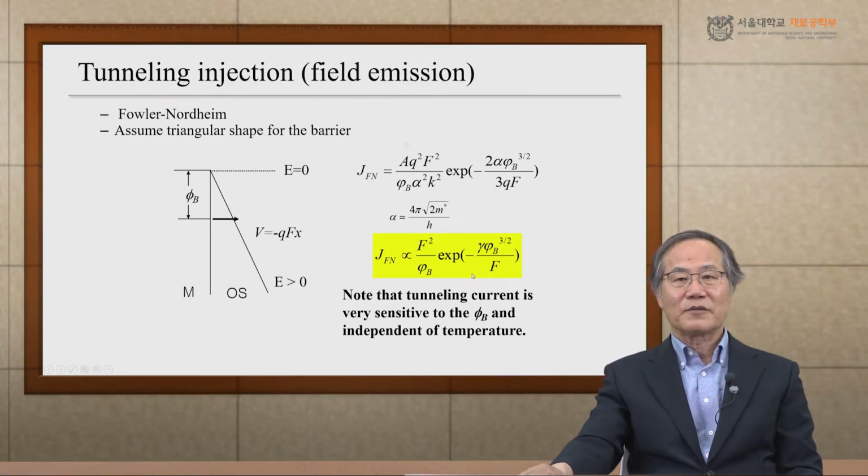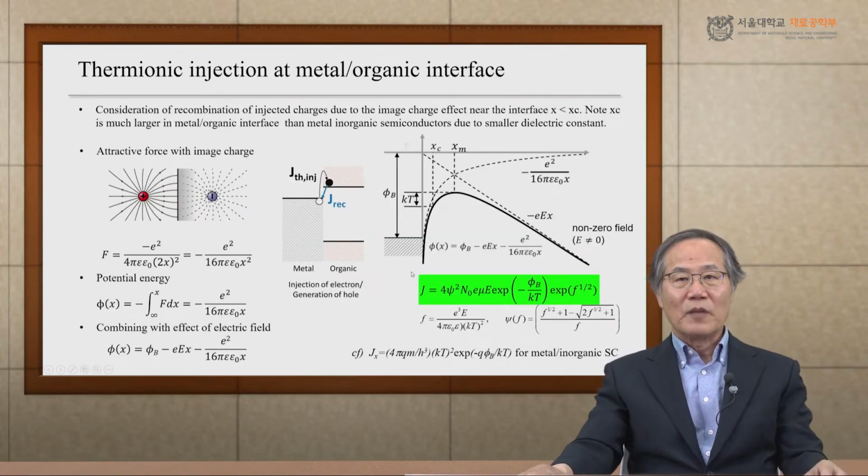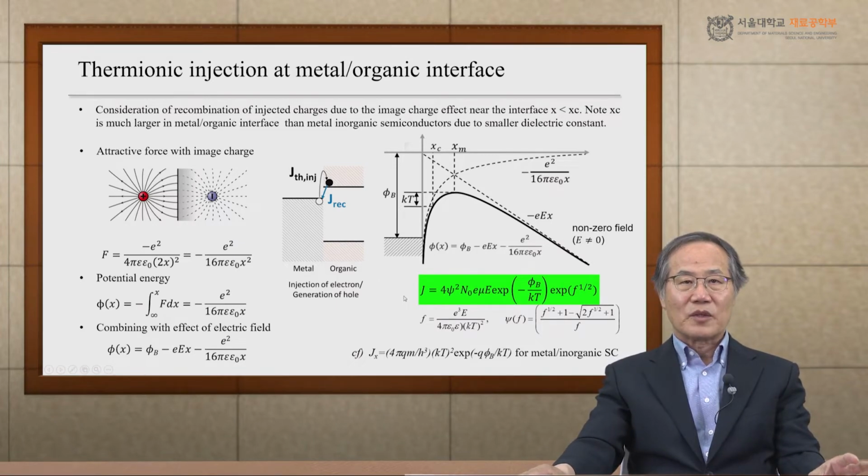So it is very sensitive to the barrier height for tunneling, but independent of temperature because it is quantum mechanical behavior. But normally, in normal devices, the barrier height is not so big, so thermionic injection is dominant over tunneling injection.